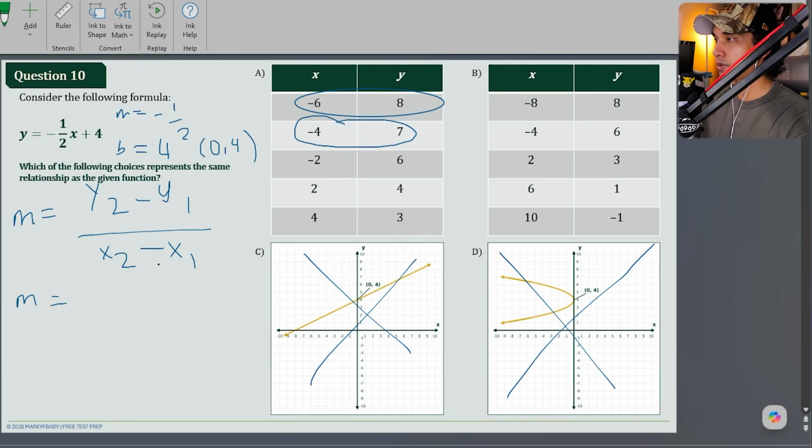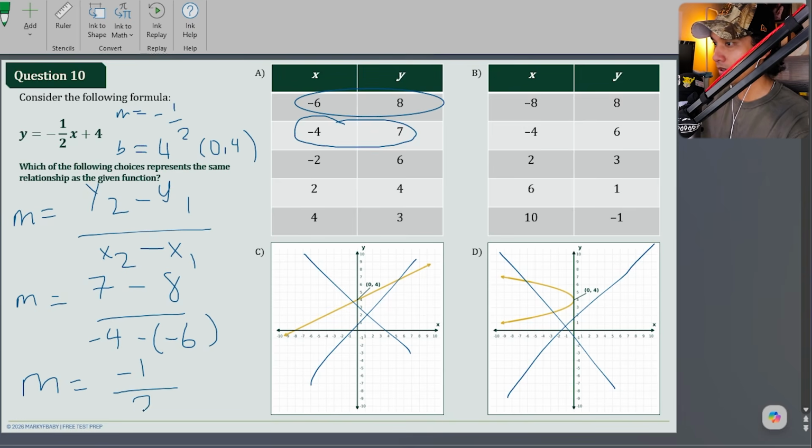M is equal to, I'm going to make 7 as y2, and then 8 as y1, over -4 minus -6. That's going to give me m equals -1 over, and then this becomes a positive, and then what we're left with is a 2, giving me equals -1/2.